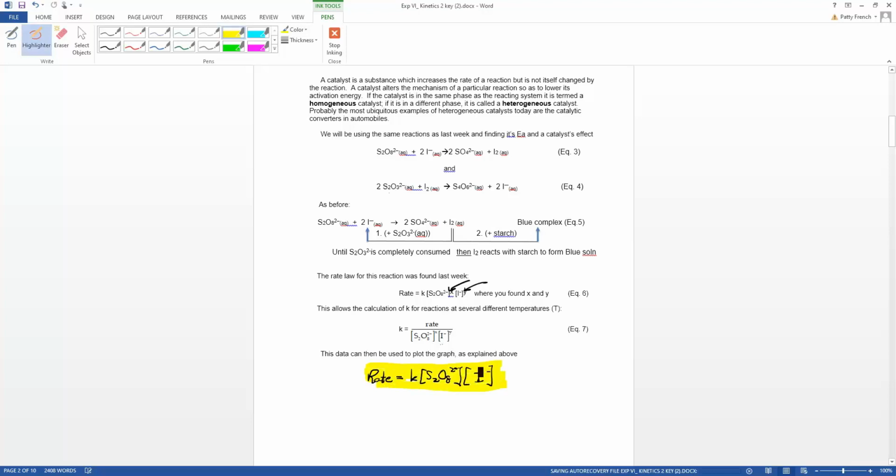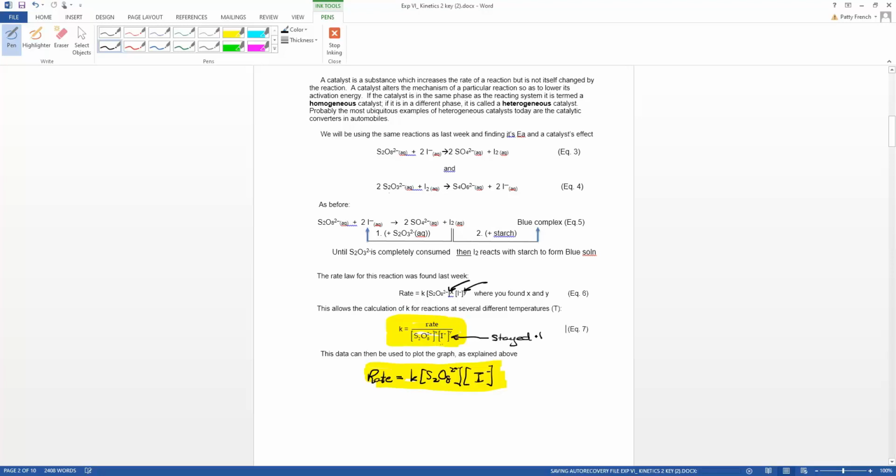So this particular reaction now, if we rearrange it, we can get an equation that we're going to be using all day today, which is using the rate to find the K. Okay? Now, as you did this week's experiment, you probably noticed that these concentrations stayed the same.